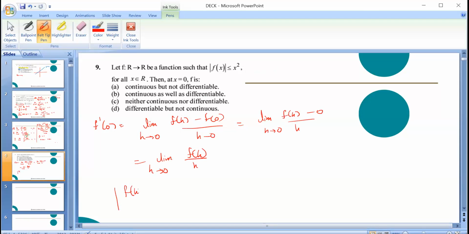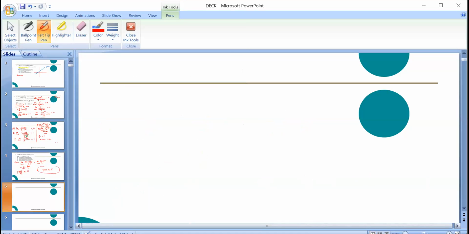Now, mod of f of h by h will be less than or equal to mod of h, because from this you can say mod of f of h is less than or equal to h squared, using the information given in the question. That means f of h by h lies between minus h and h.